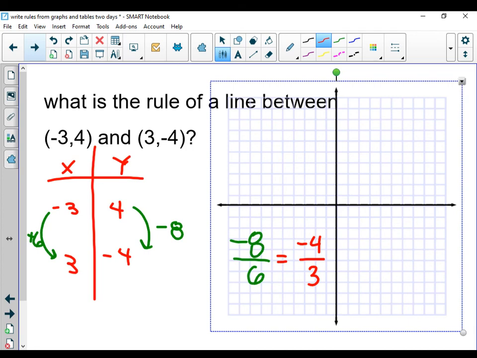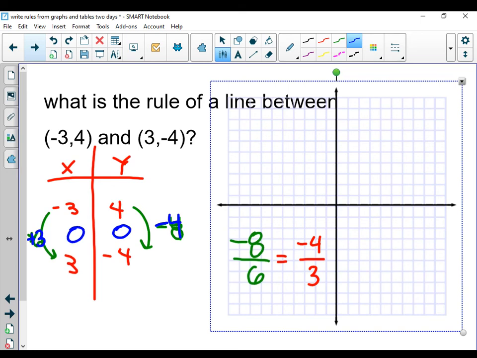Oh, so we're using our new pattern, she says, to help us find more points. So instead of -8, let's do -4. 4 minus 4, 0. Instead of add 6, let's add 3. -3 plus 3, 0.